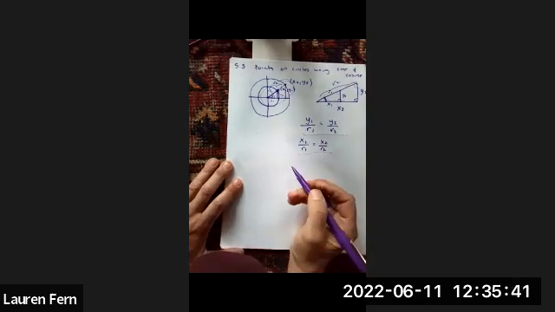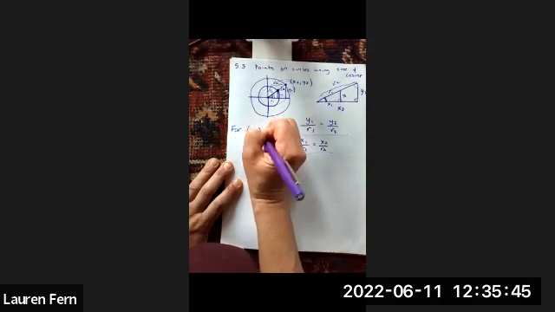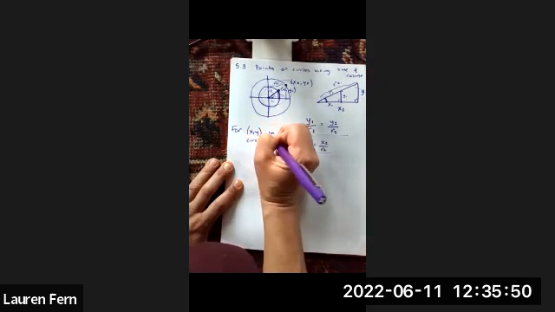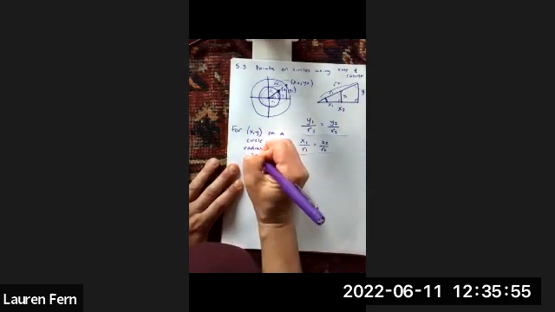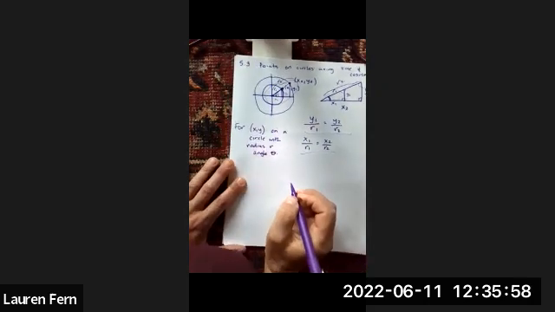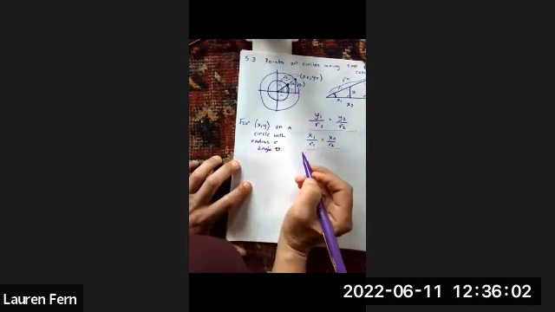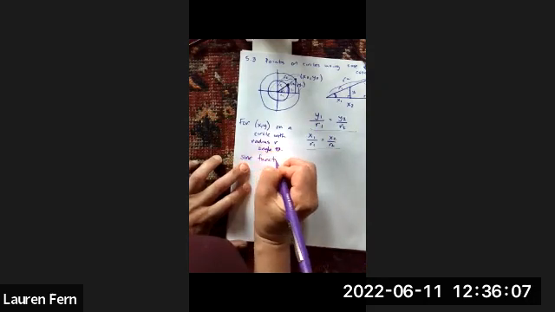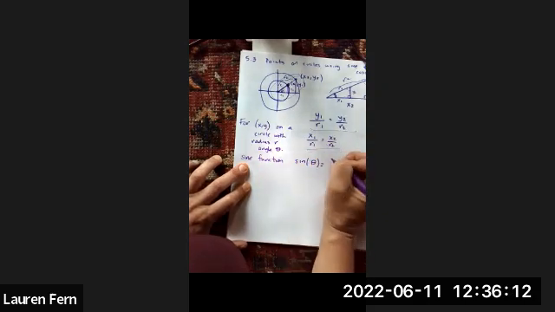So what we say is for an ordered pair X, Y on a circle with some particular radius R and angle theta, again, these things are completely defined by my angle. We say that our sine function, which we write as sine of theta, is going to be the ratio of y over r.